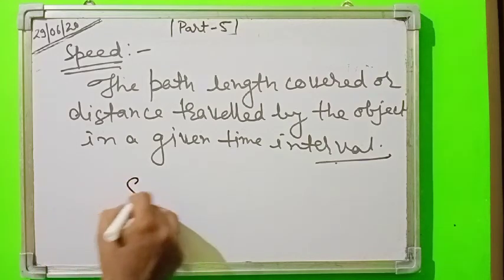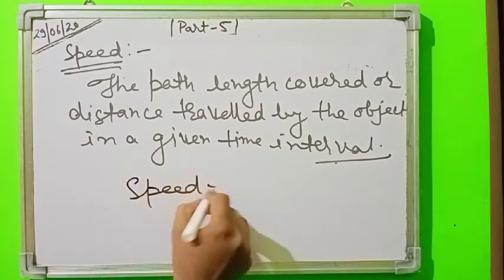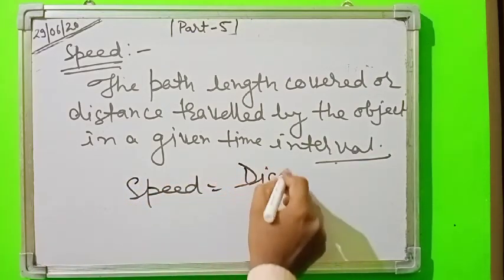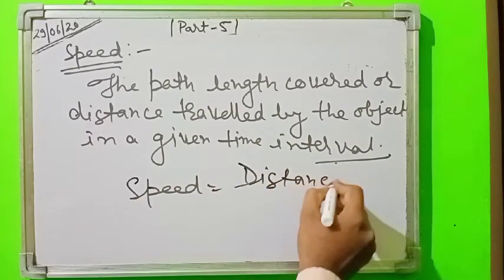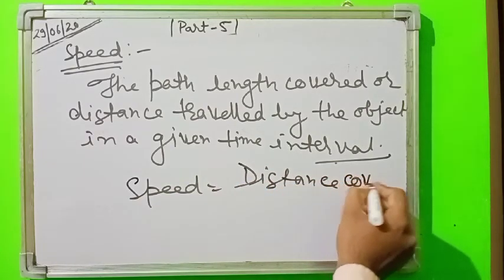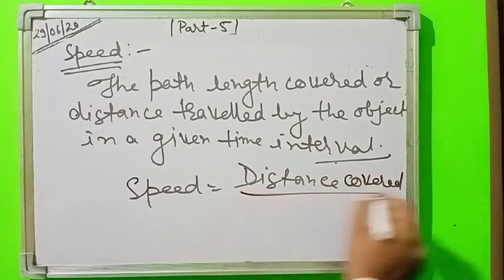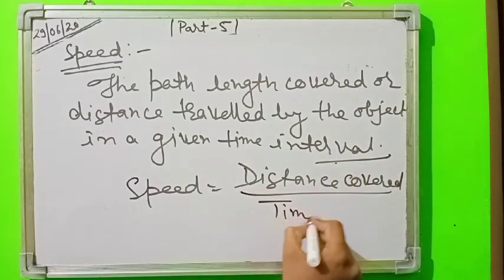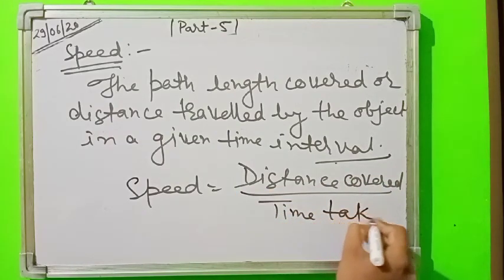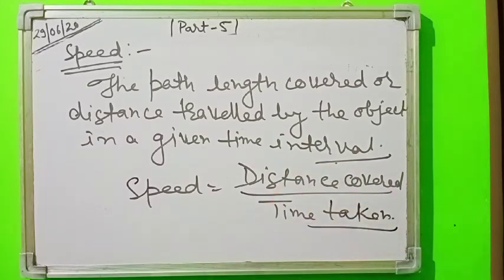So speed is nothing but the distance covered upon time taken. These are the basic things you have already studied. Since distance is a scalar quantity, it has no direction, so speed is also a scalar quantity.